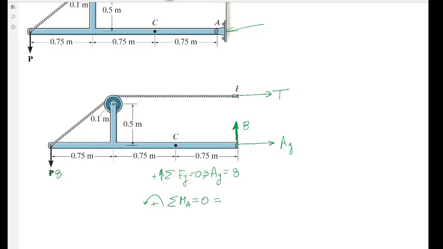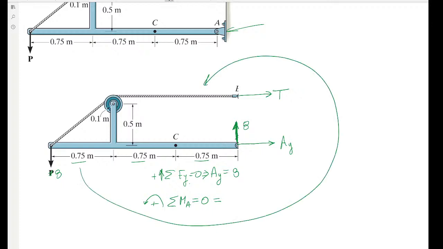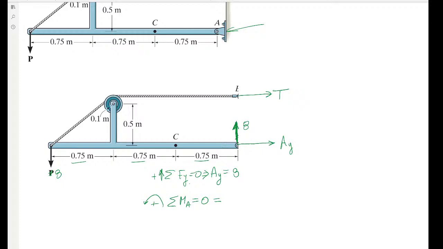And what I'm going to have is this distance, this, and this all together times 8. And that is going this way around A. So it is 8 times 0.75, and there's 3 individual chunks of those. So I'm just going to put it down that way. Then the only other force I've got is this. Turns out it's this far up and then that far.